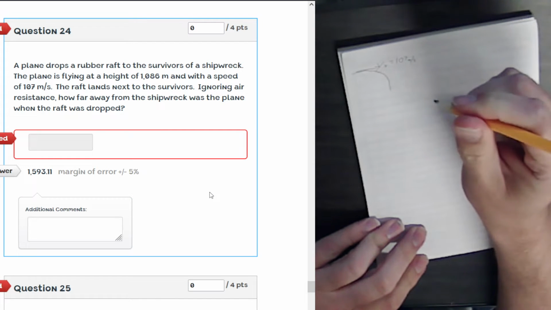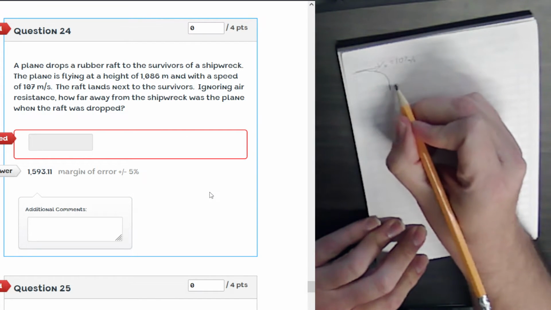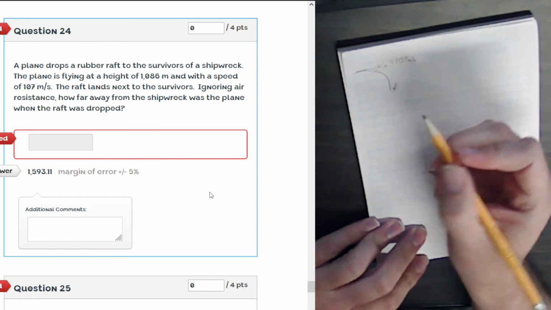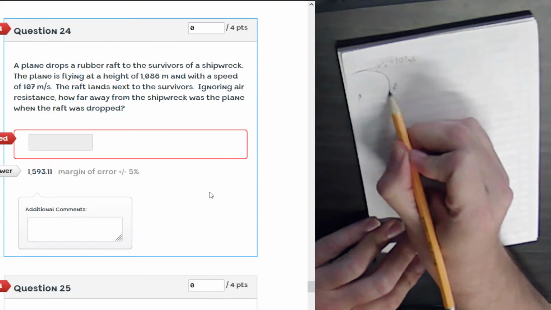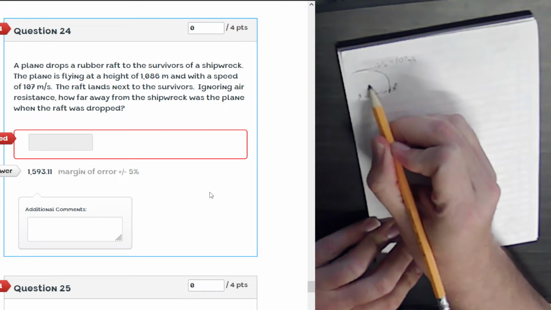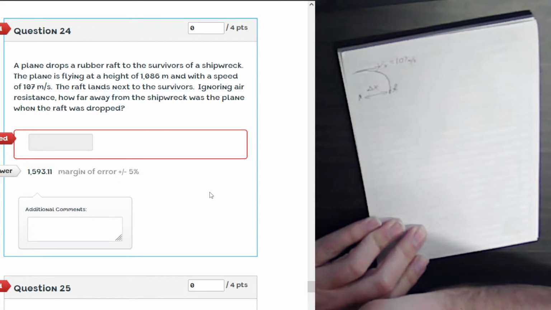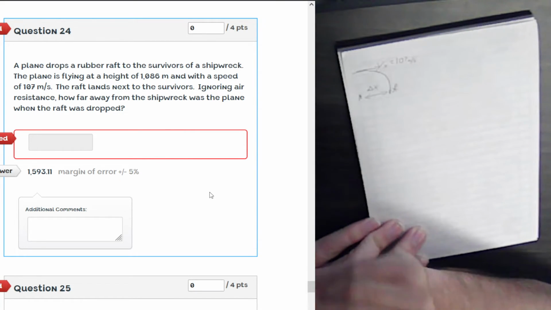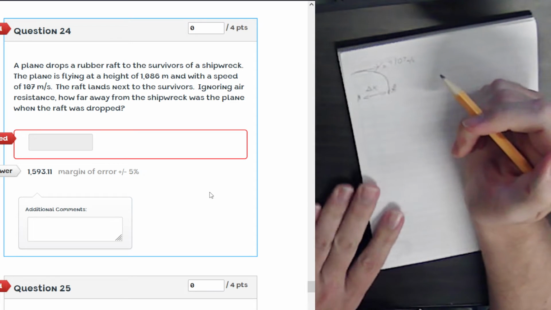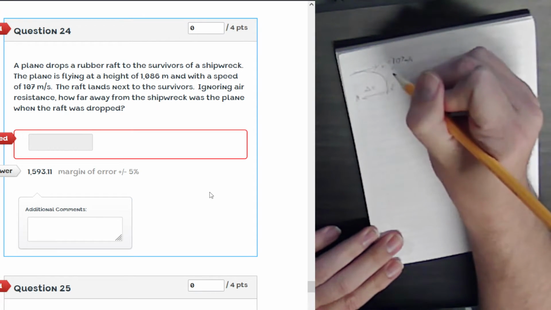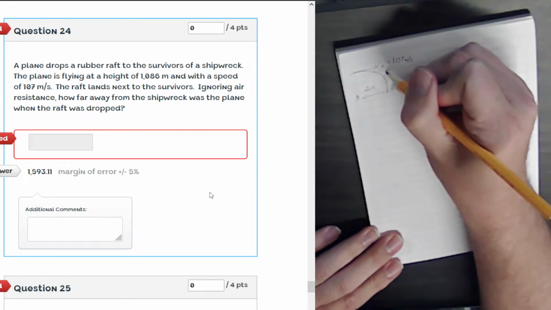And then the raft lands next to the survivors, so there's some people down here, right? So the question is, how far away, delta x, from the shipwreck was the plane when the raft was dropped. So we're looking for delta x, okay. And it gives us an additional thing here, the height.